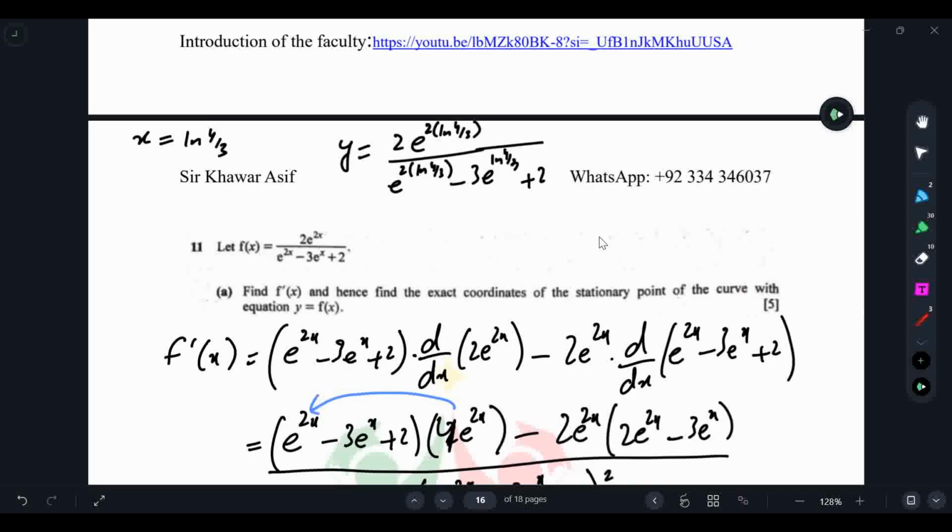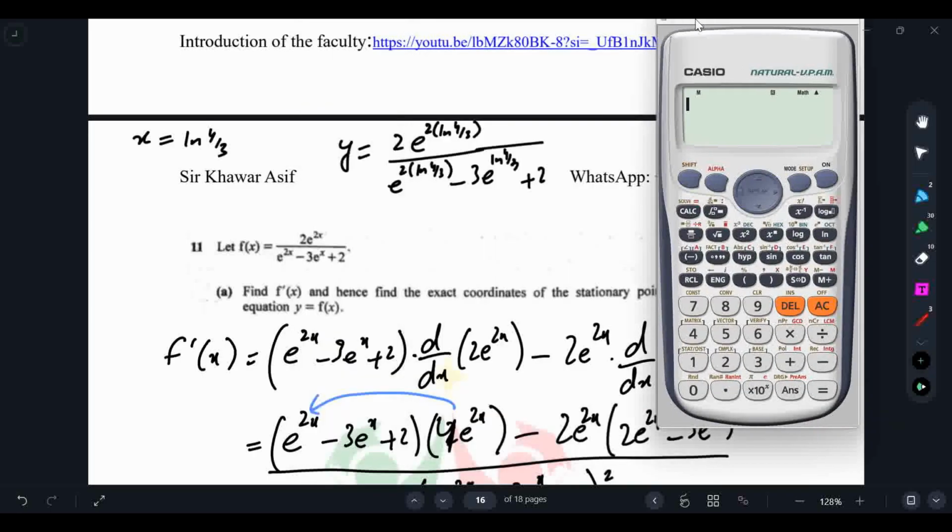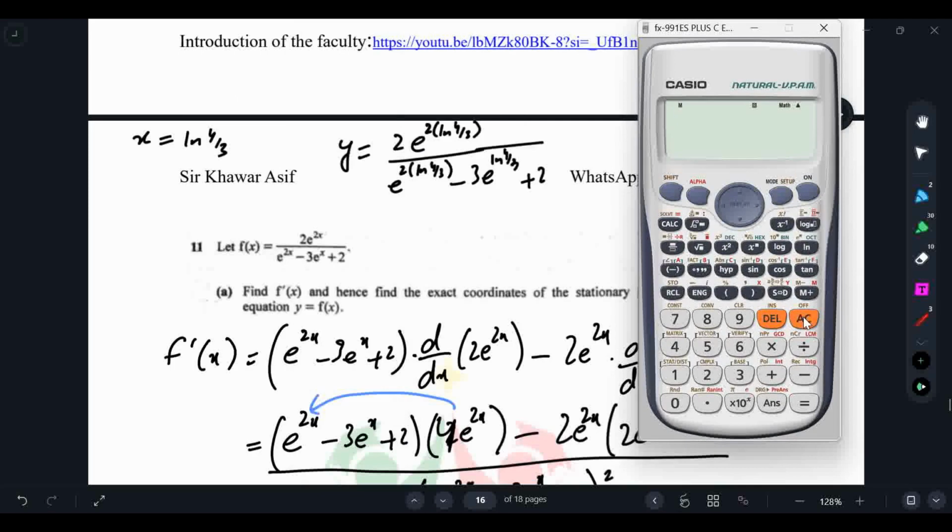Now I will directly use the calculator to find the value of this. I will use the simplest way so that we do not make any calculation error.